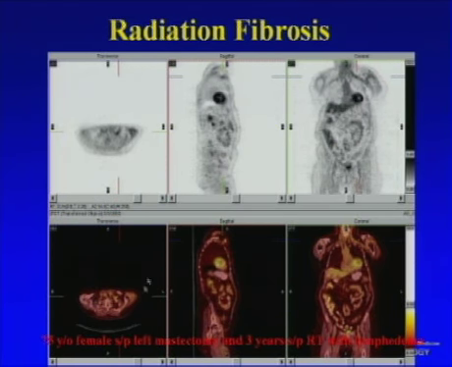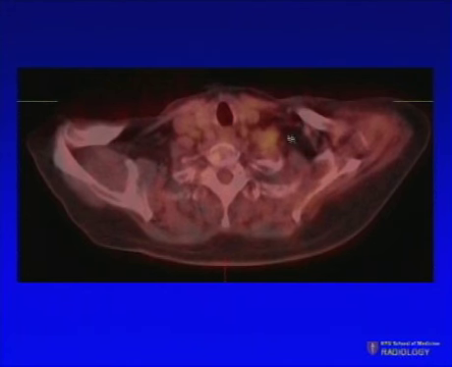And if we look at the fused images from the CT scanner, we can see again this increased area of uptake, right at the scalene complex. So this was suspicious for radiation fibrosis.